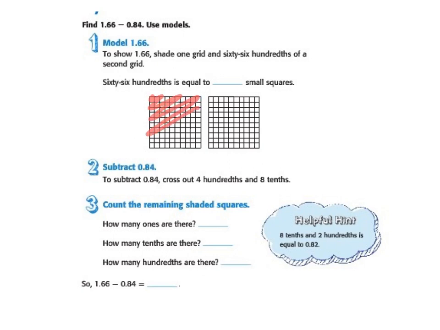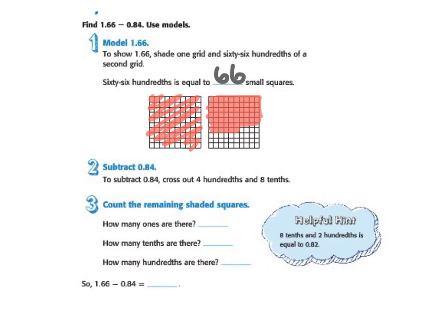So I'll shade in 1 whole grid and then 66/100. We know that 66/100 is equal to 66 small squares.